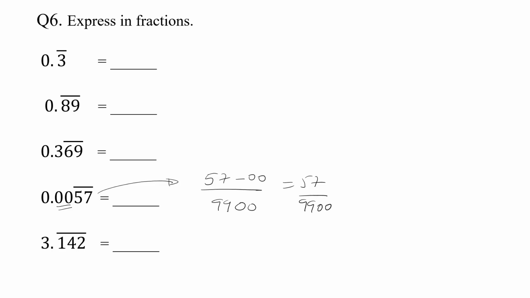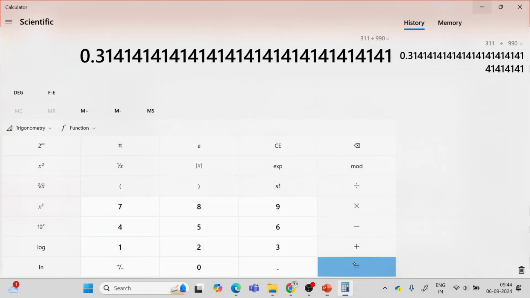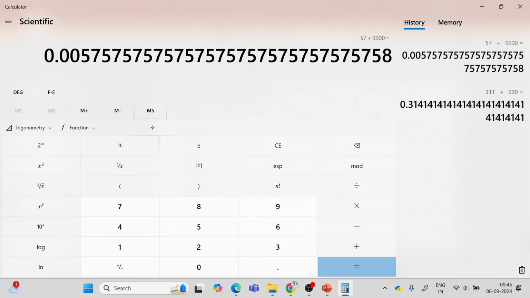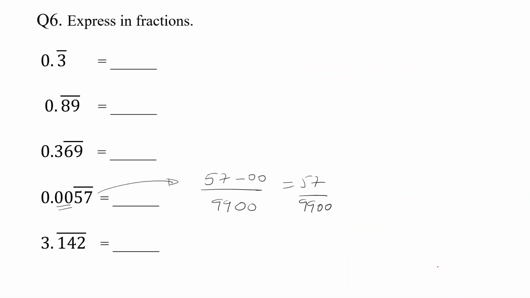We can check it with a calculator: 57 divided by 990. Okay, see, 57 is repeating. Hence proved, our answer is correct. Yeah, thank you.